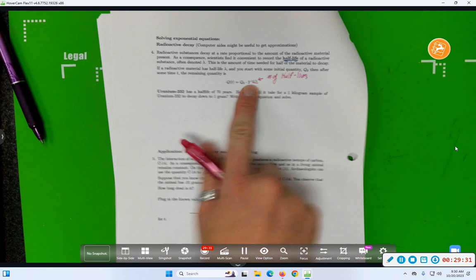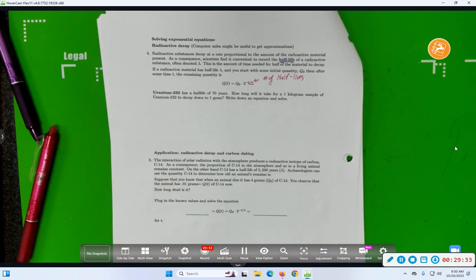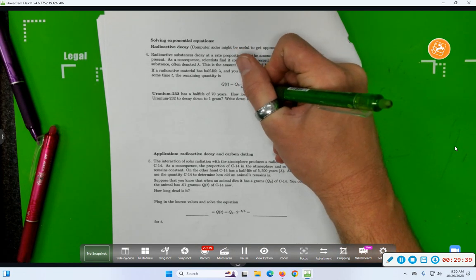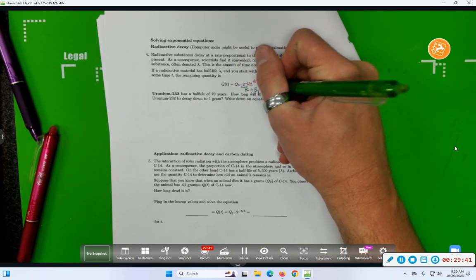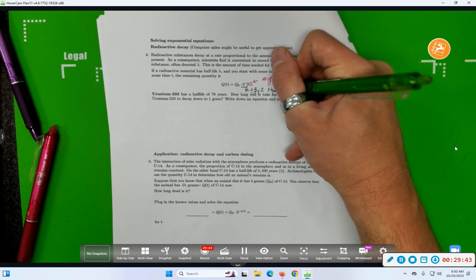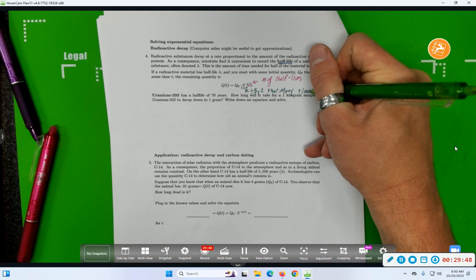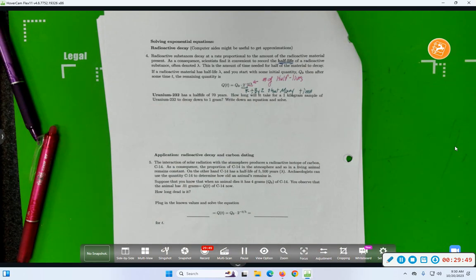There's a negative sign because I want to divide by 2 that many times. So 2 to the negative, and then you want to start with the initial quantity. So that's why that formula is reasonable for this model.